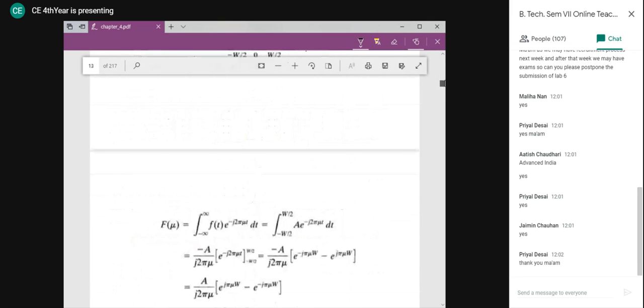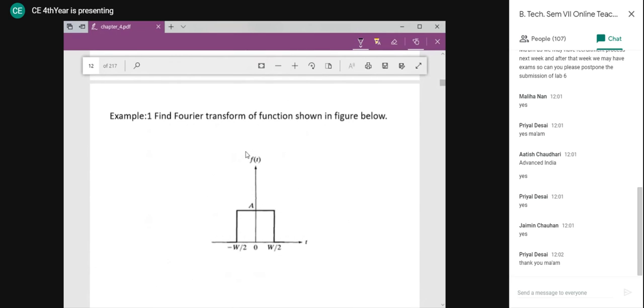Now, one more example of finding Fourier transform. Just find the Fourier transform of this. Now tell me the steps one by one. My equation says from minus infinity to plus infinity.